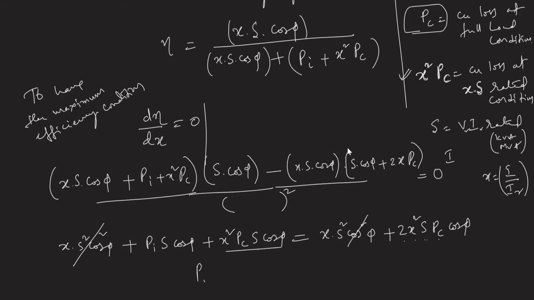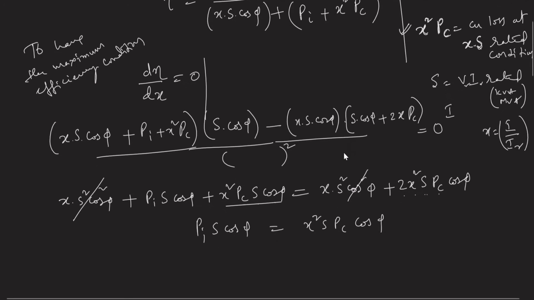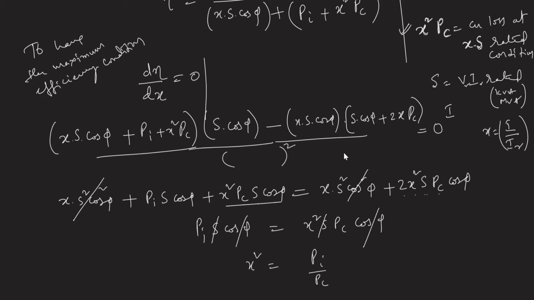So I have Pi S cos phi equals X square S Pc cos phi. Okay, so I can cancel out S cos phi. So I have X square equals Pi by Pc, or X equals root of Pi by Pc.